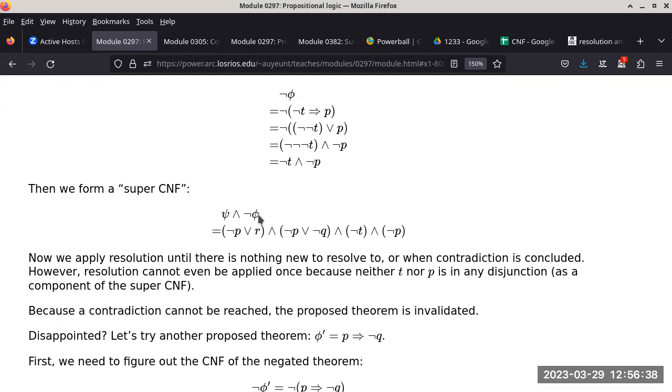But if you want to look at, not so much the resolution side, then proof by contradiction applied to the pigeonhole principle, we basically have psi representing there are more pigeons than there are pigeonholes. The negation of phi, the conclusion of not phi, is to say there's at most one pigeon in each pigeonhole.